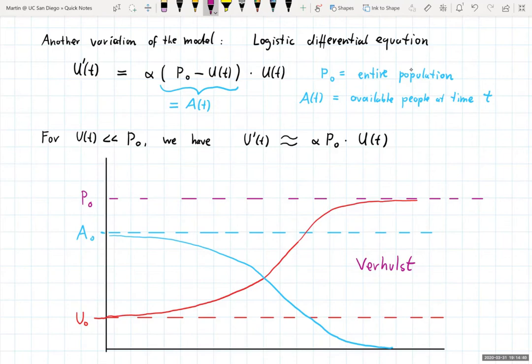So maybe you've got limited resources, and as you start with a population, the population grows exponentially, and then as resources get shorter and shorter, the population growth slows down. Such phenomena also appear in various branches of biology, and of course in sociology.